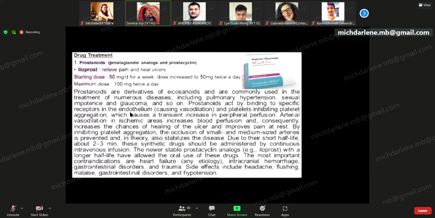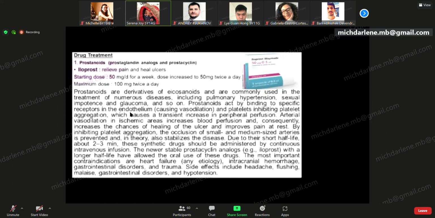Arterial vasodilatation in ischemic areas increases blood perfusion and consequently increases the chances of healing of the ulcer and improves pain at rest. By inhibiting platelet aggregation, the occlusion of small and medium-sized arteries is prevented, and in theory also stabilizes the disease.